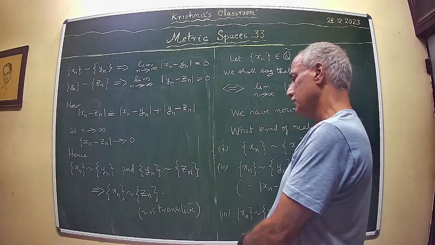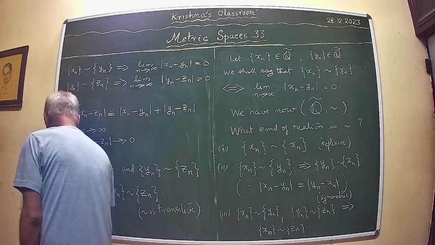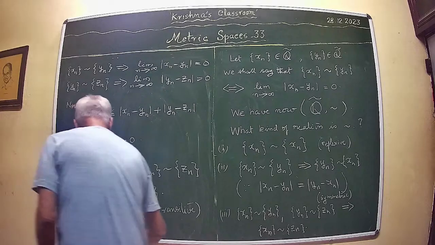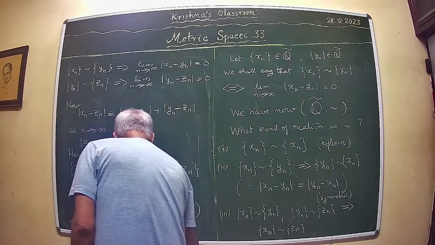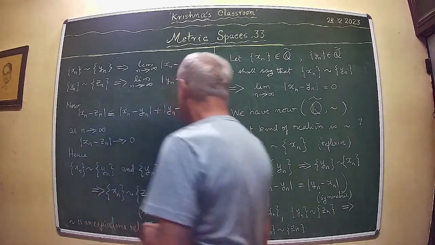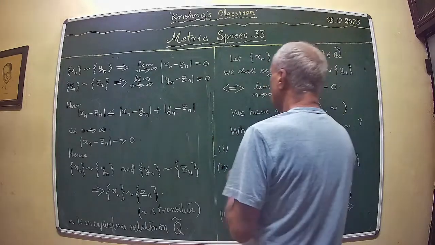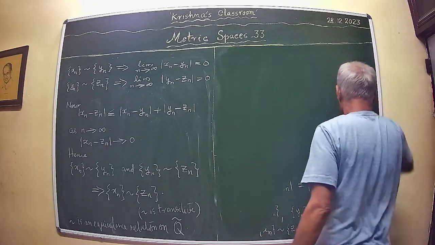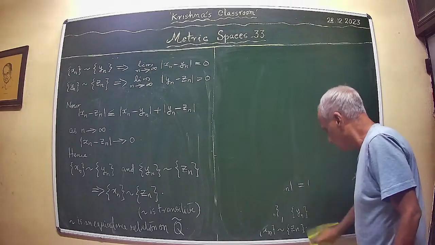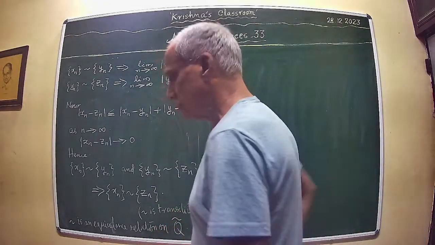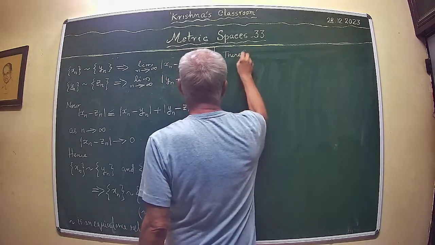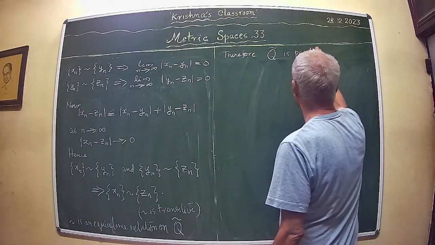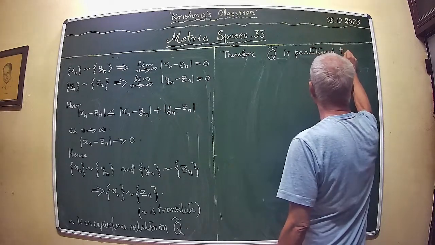Therefore, what do we have? It's an equivalence relation. Therefore, it partitions Q tilde into equivalence classes.